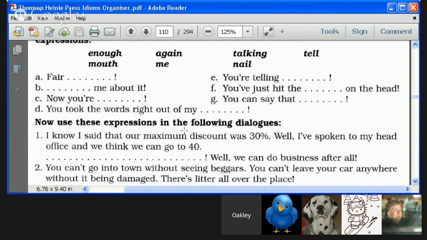Again, it's the one that's slightly different because it just shows casual agreement. It's like saying, okay, fair enough. Fair enough is like, okay. It's not like, yeah! It's like, yeah. There's a difference. The others are going to have very strong intonation: you're telling me, you can say that again, now you're talking.